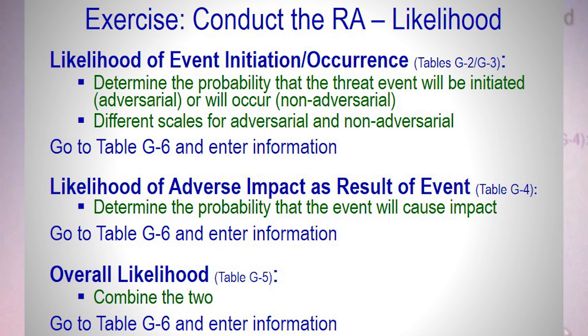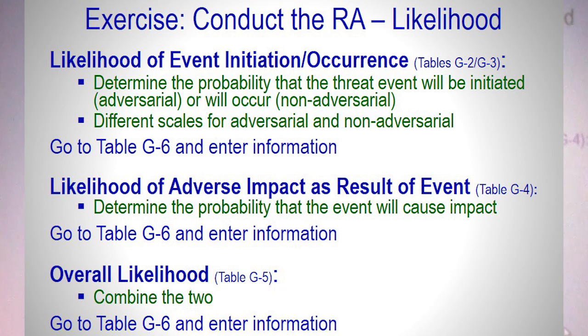If it's a fire, fires happen, of course they do, but we don't really see them that often. So maybe the likelihood is low there. It probably is. Hopefully it is. And then when we come to likelihood of adverse impact, if there is a fire, the adverse impact could be great. It could be high, or at least moderate.